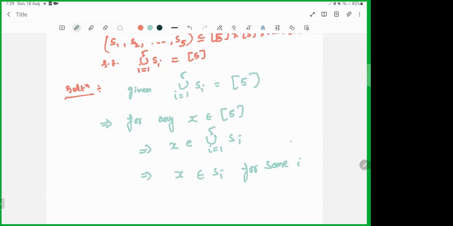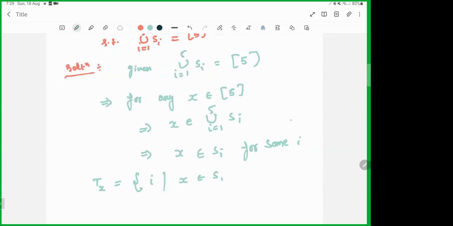Let me construct something more for you. So you can construct Tx, which is similar to distributing balls with at least one or more in some Si, in all cases, the 12-fold ways.